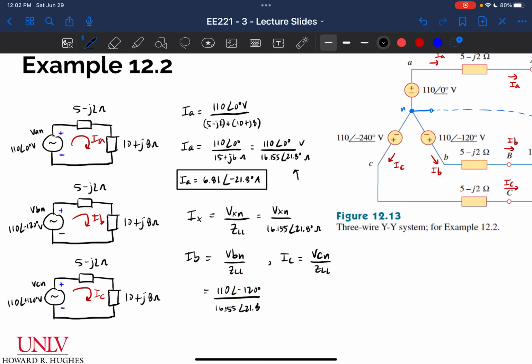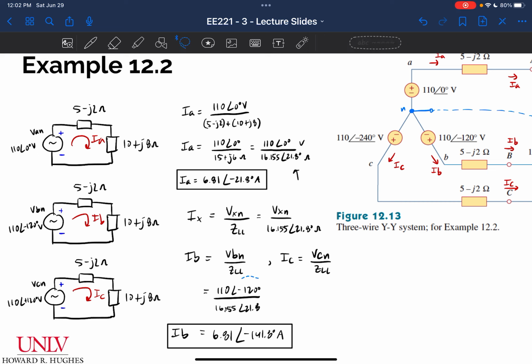That's why IB is 6.81 angle minus 141.8 amps, and that's exactly what we got by just looking at the table. All we're doing is replacing the phase shift of 0 with the phase shift of minus 120 when we go to the B phase, right?